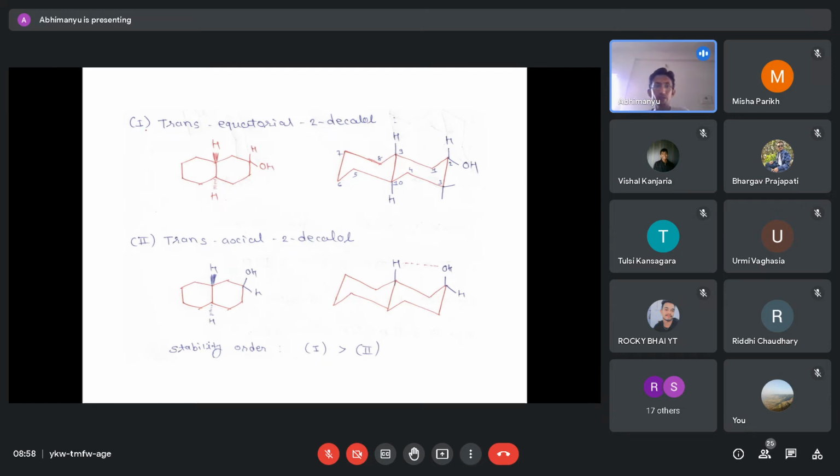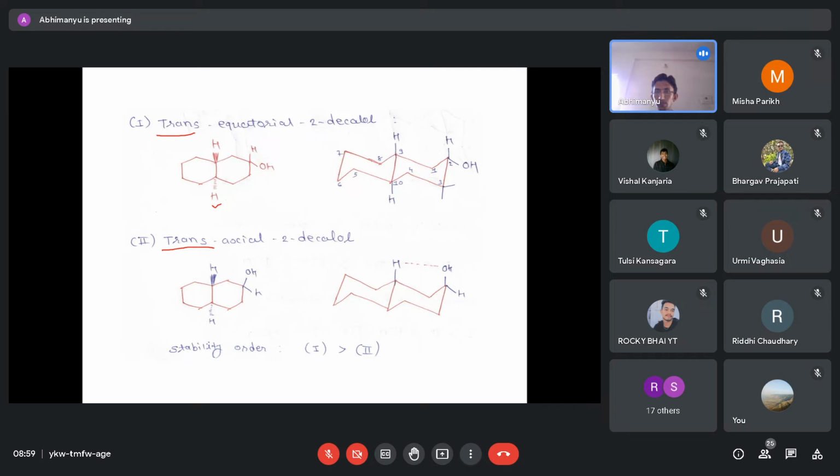Okay, first we will focus on the trans structure. What is the meaning of trans here? The adjacent points are 1, 2. First one hydrogen is above the plane, another below the plane. But in projection formula, what is the meaning of trans? 1 and 2 either both equatorial, it is not possible in the decalol structure.